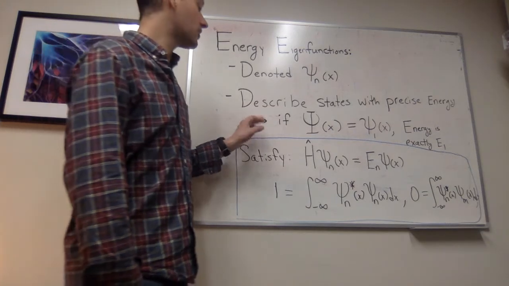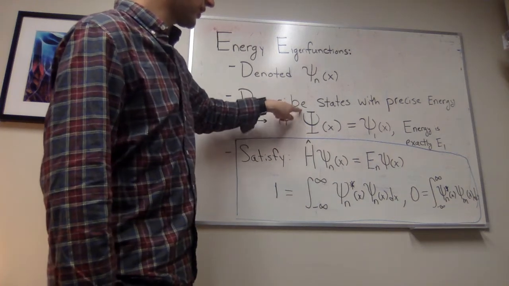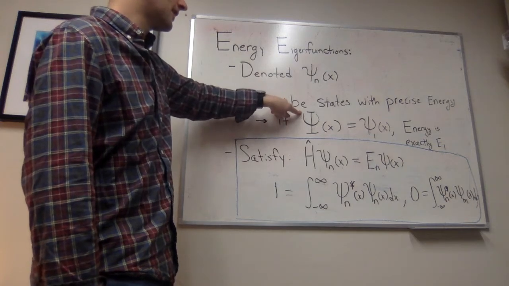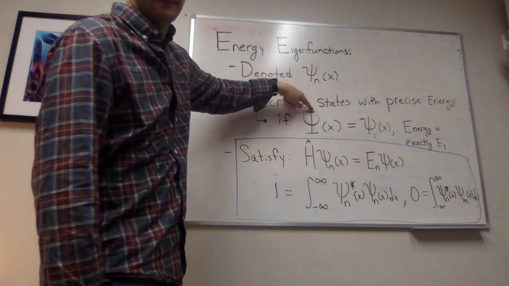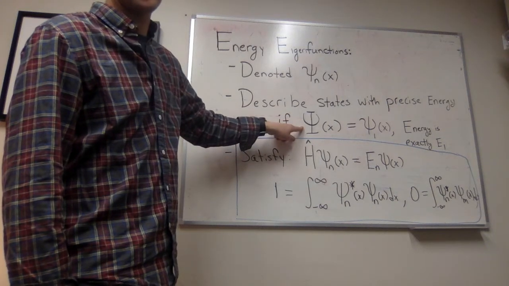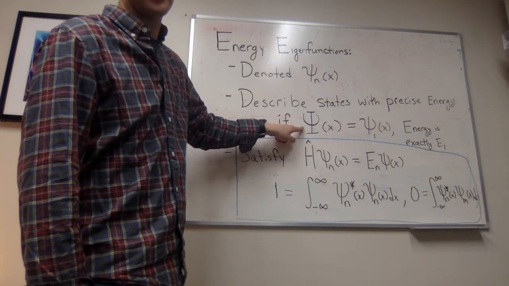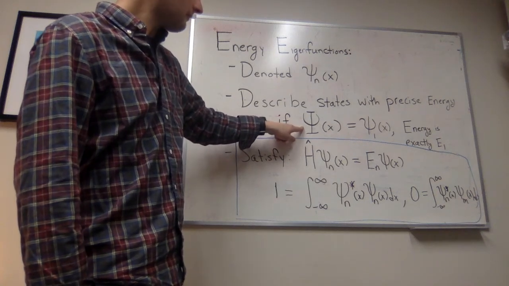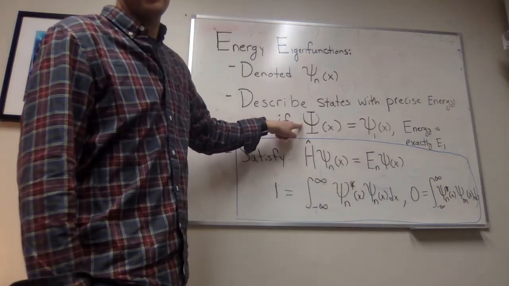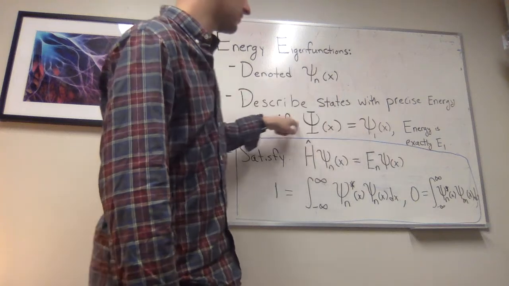If the state variable for my system, which I call big psi, the capital Greek letter psi, denotes the wave function, the wave function can actually be much more general than just an energy eigenfunction. So it's a really special case to say that the wave function for my electron is equal to the first energy eigenfunction.